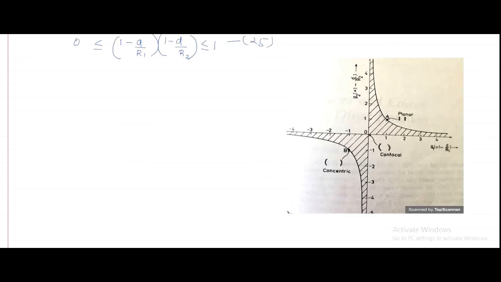Here this figure represents the stability diagram, and from the figure the shaded region corresponds to stable resonator configurations, and the origin corresponds to the confocal resonator.